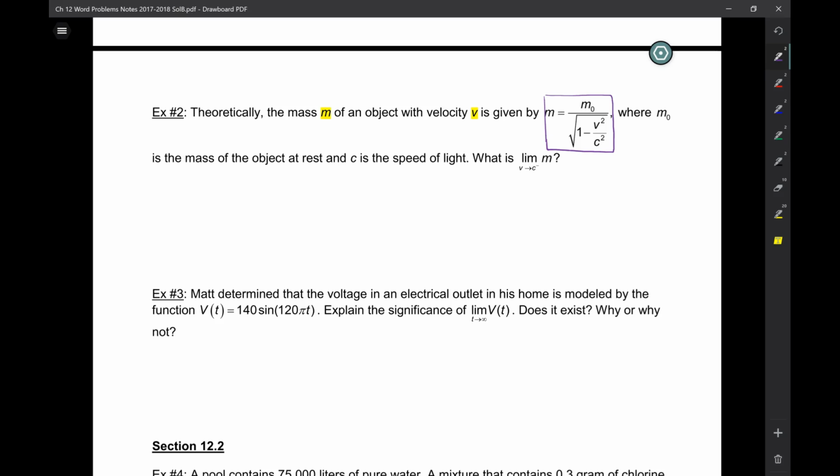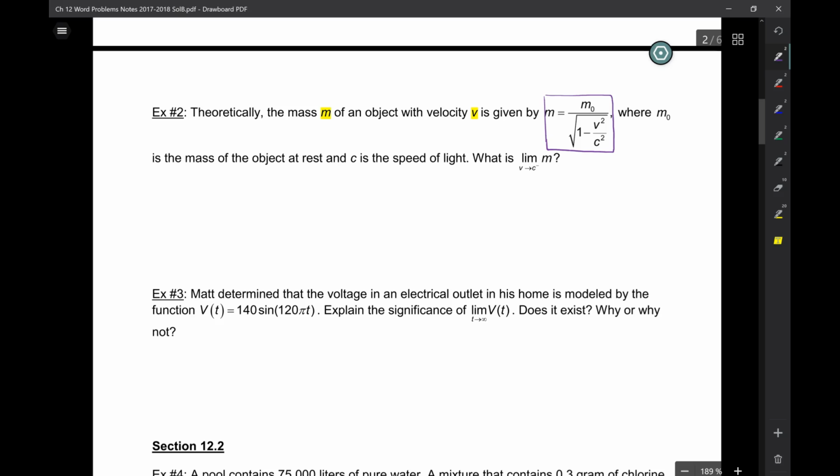What is the limit of m as v approaches c from the negative side? As v approaches c from the negative side, so it's like just under c, right? So what would that be? So for example, if c is 1, then v is 0.9999.